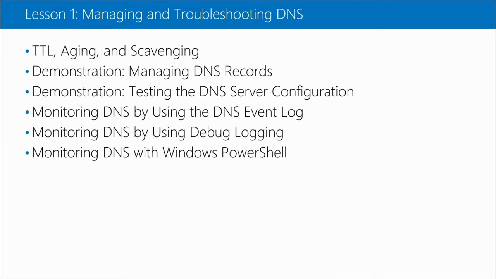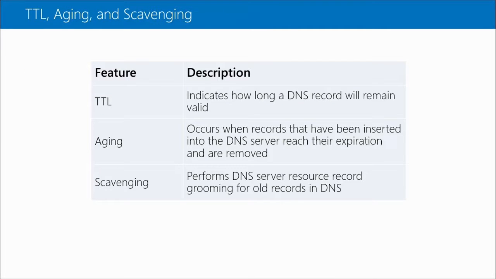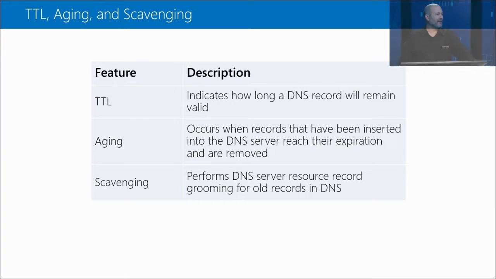So we're just going to jump right in and talk a little bit about something called time to live, along with aging and scavenging. It's funny, because I had commented about how, throughout the years I've been teaching this, it's been the same slide that we've used since like 1995.